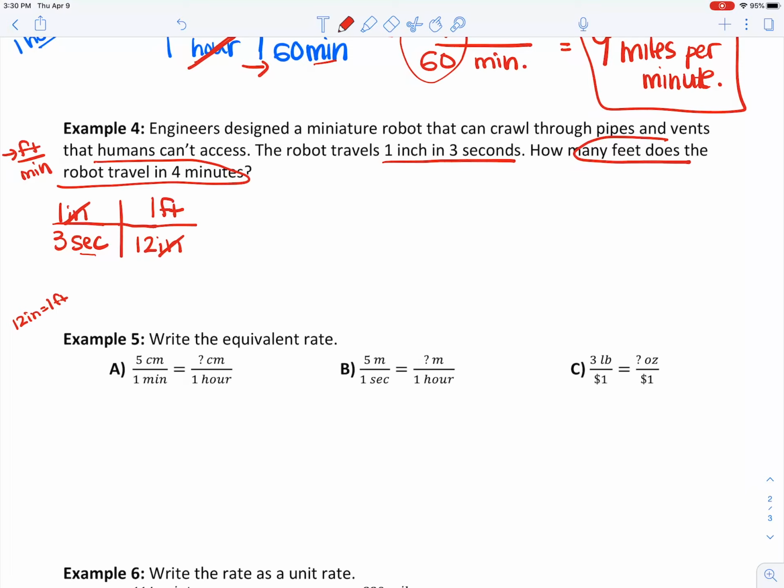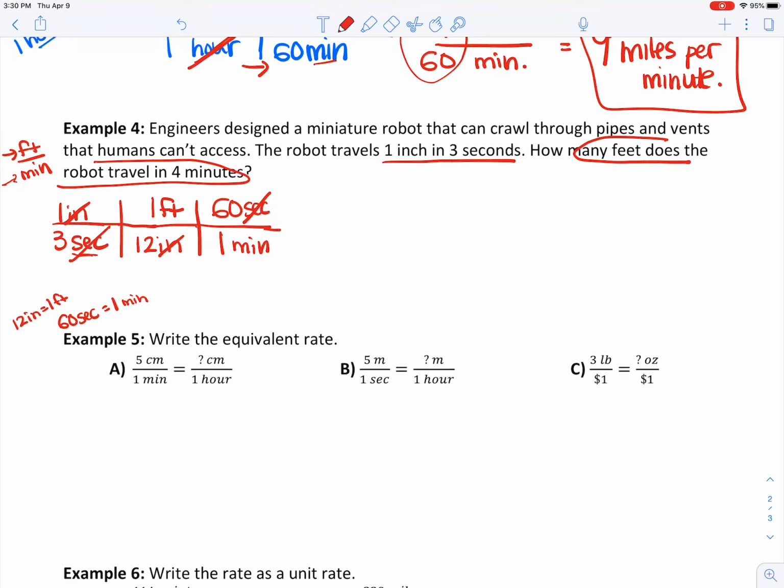Now I do need to change the seconds on the bottom into minutes, because I want minutes in my final answer. So let's do another one of these. I know that there are 60 seconds in 1 minute. Because currently seconds is on the bottom and I want it to cancel, I'm going to put the 60 seconds on top.